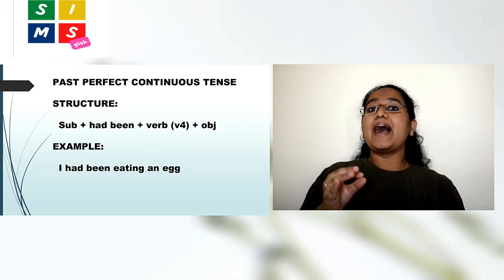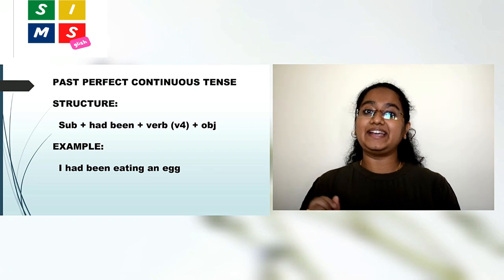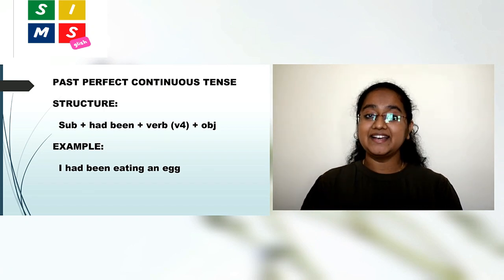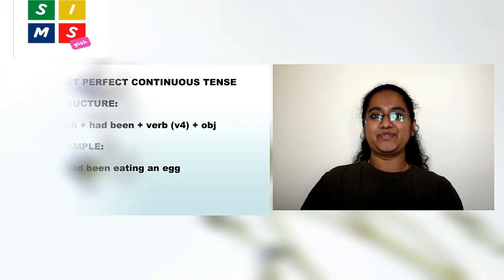That is, I had been eating an egg. Hope you understood the past tenses: the simple past tense, past continuous tense, past perfect tense and past perfect continuous tense.